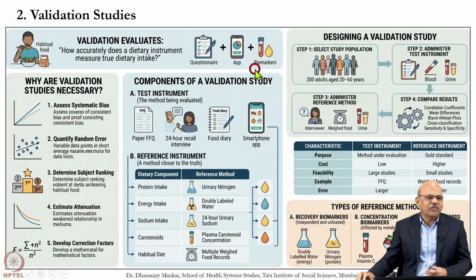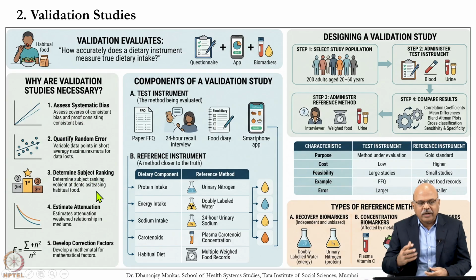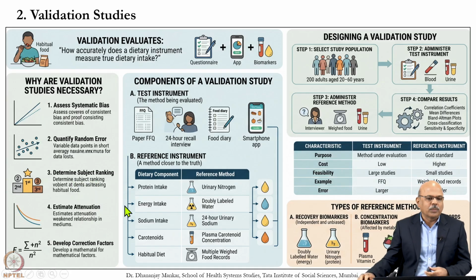Why is validation necessary? It is to assess the systematic bias, which is obvious, quantify the random error, which is difficult to understand, determine the subject ranking for understanding the habitual food intake, estimate the attenuation and develop the correction factors.